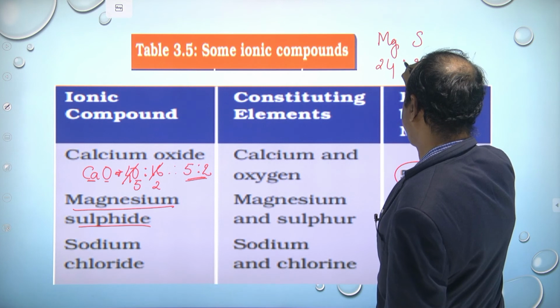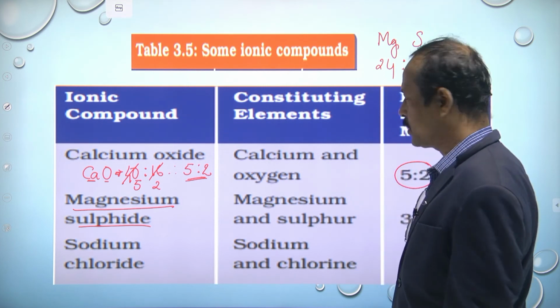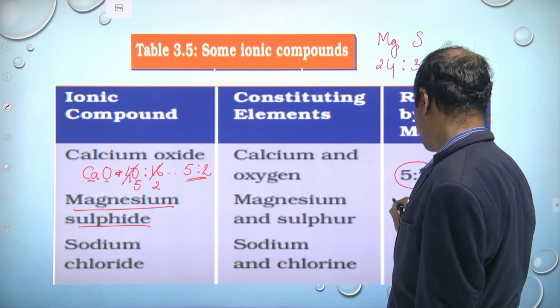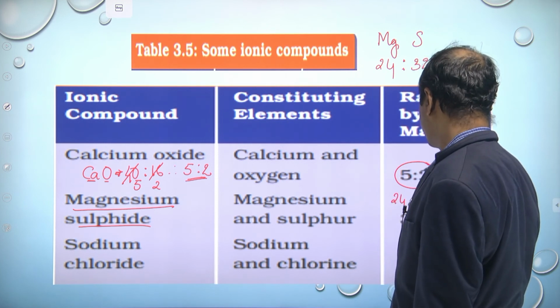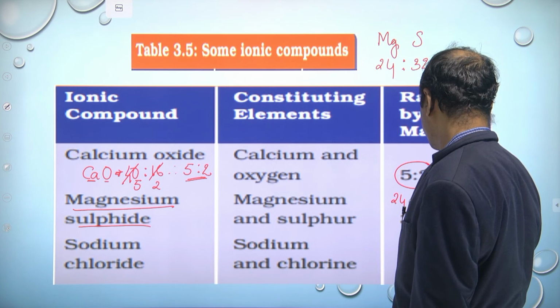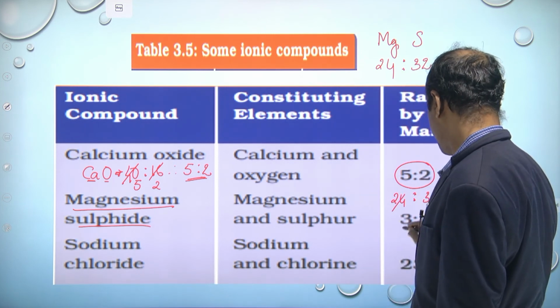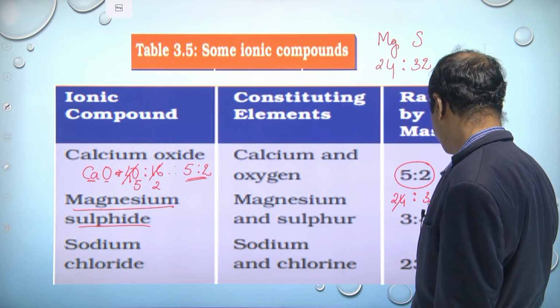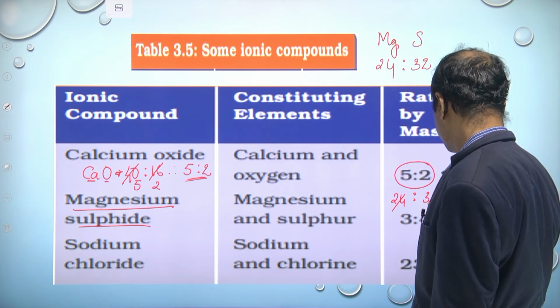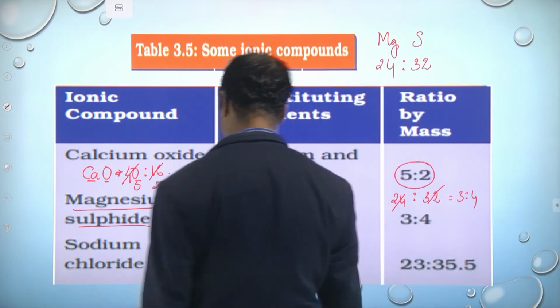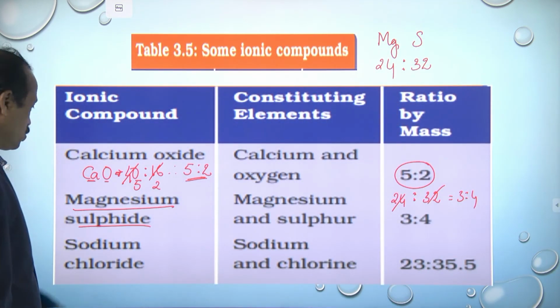So here I am writing magnesium is 24, sulfur is 32. Now 8 3s are 24, 8 4s are 32. So what answer do we get? 3:4. Clear?